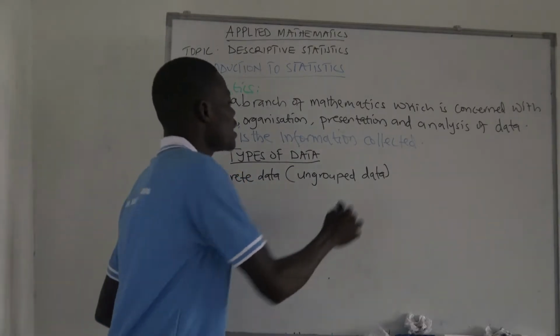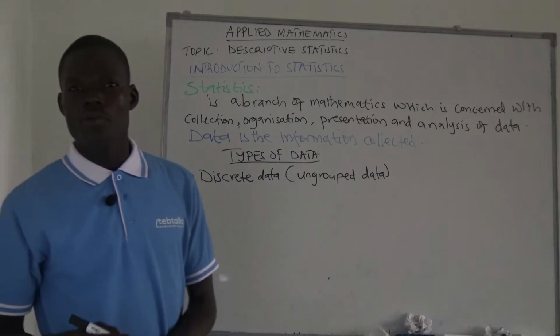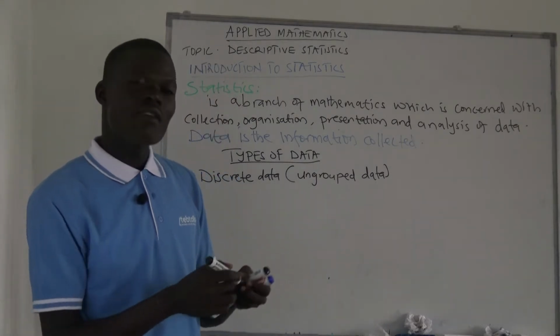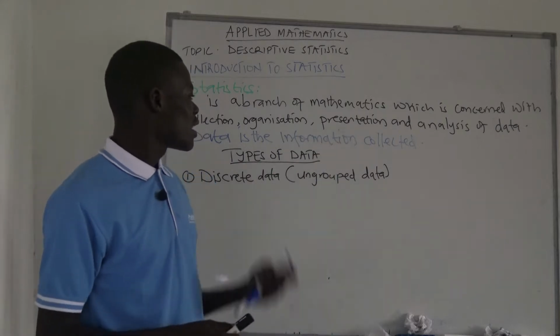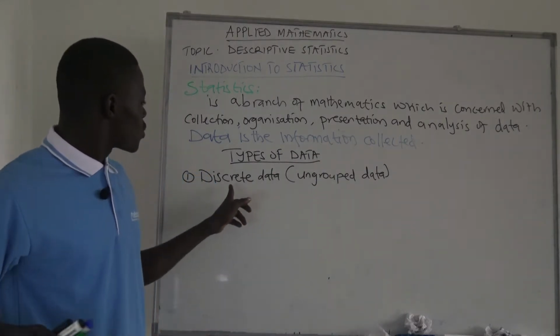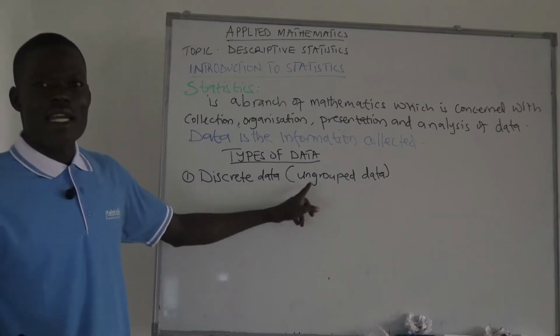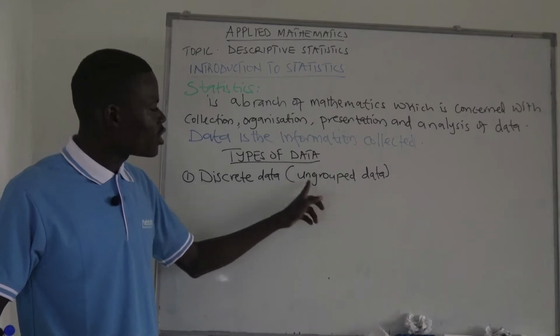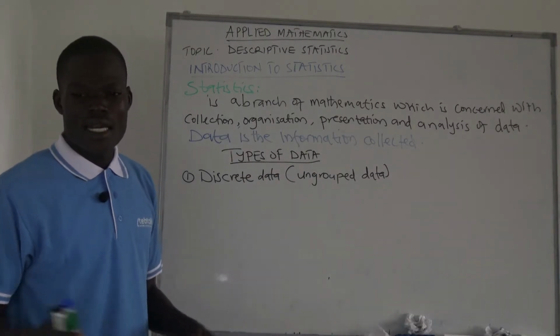So discrete data, or ungrouped data, is the first type.